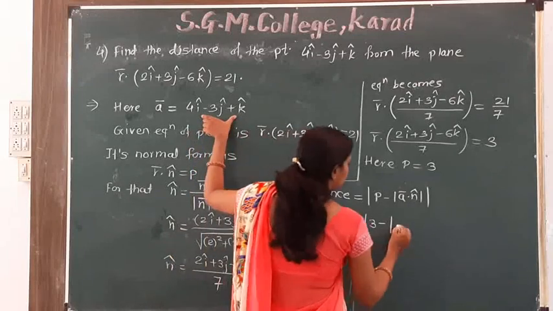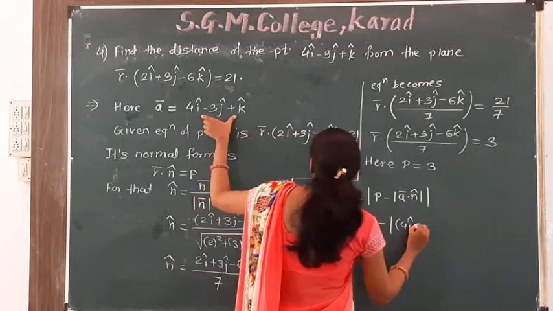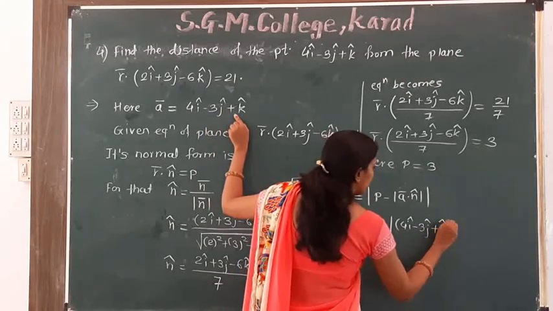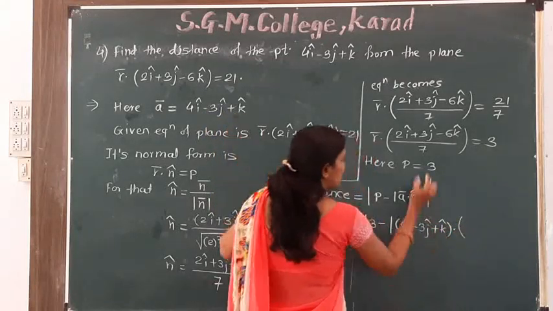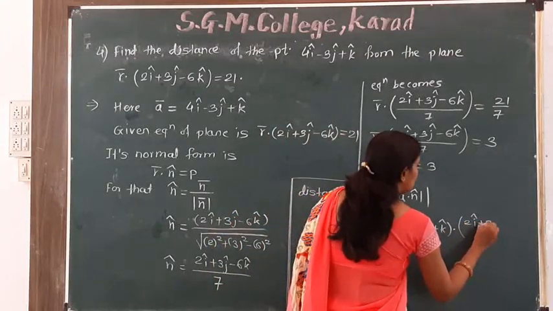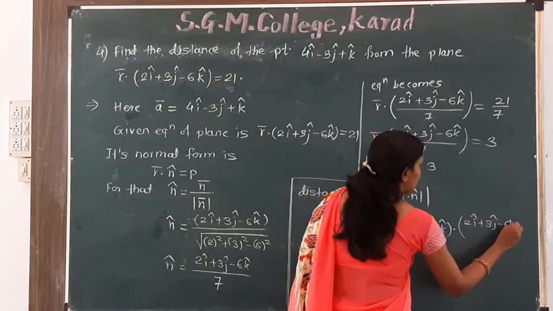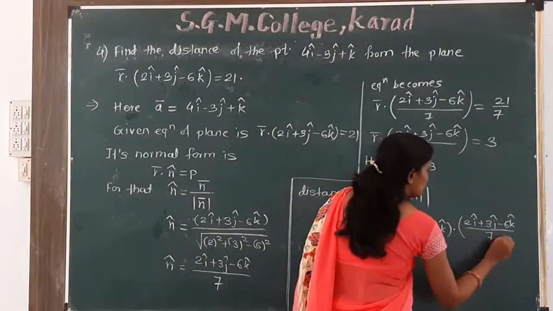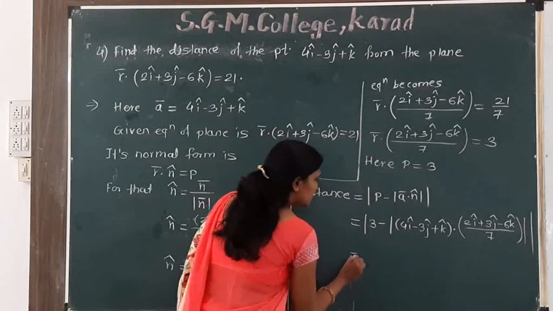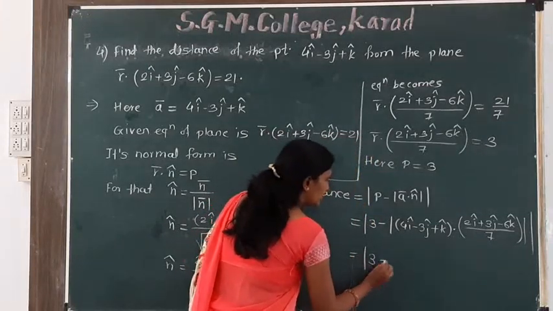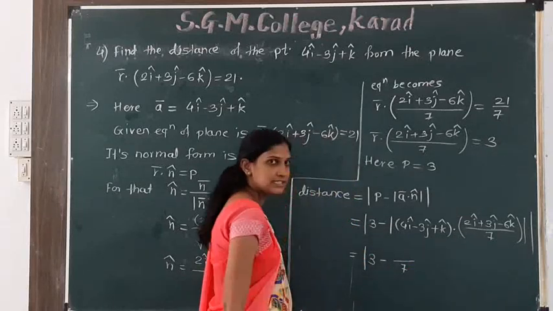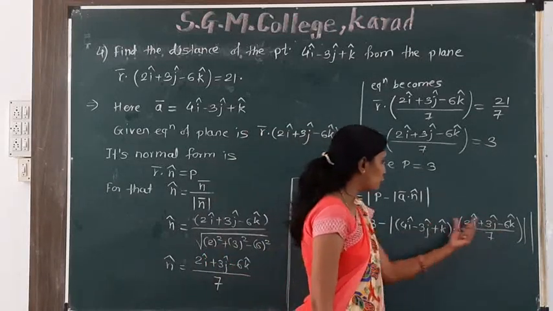What is A bar? 4i cap minus 3j cap plus k cap, dot, what is n cap? n cap is here 2i cap plus 3j cap minus 6k cap upon 7, which is equal to mod of 3 minus, we take divide by 7 as it is. Here dot product of these two.